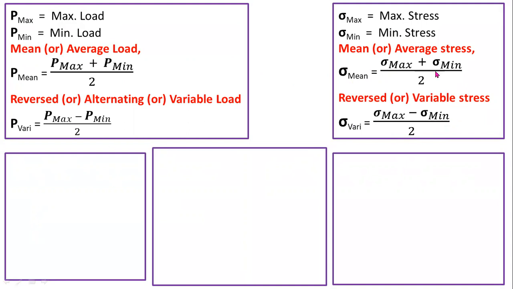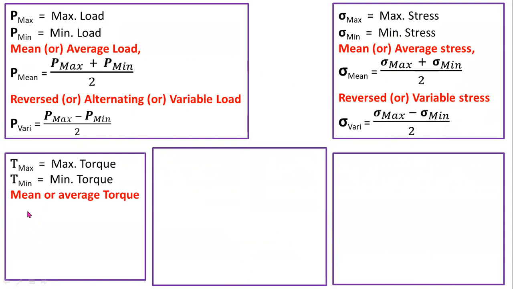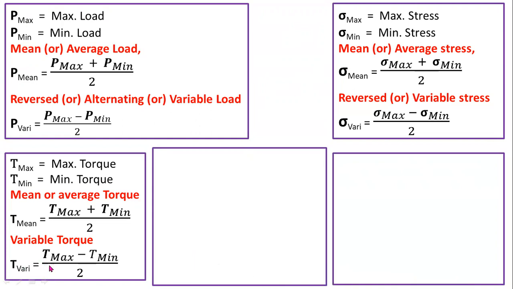In the same way, for torque or twisting loads, maximum torque is T max, minimum torque is T minimum, and the mean torque TM equals maximum plus minimum torque by 2. For variable torque, TV equals maximum minus minimum torque divided by 2.